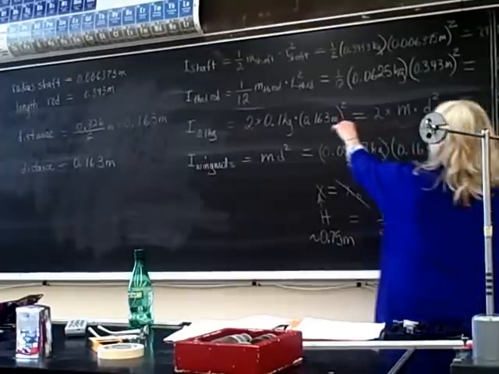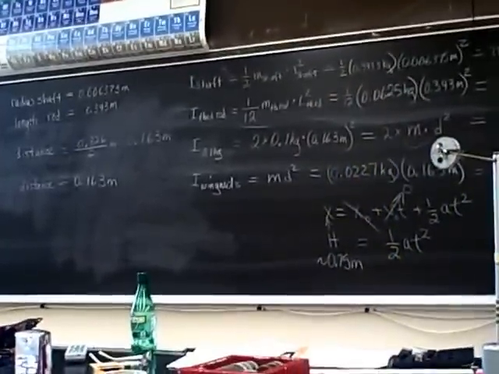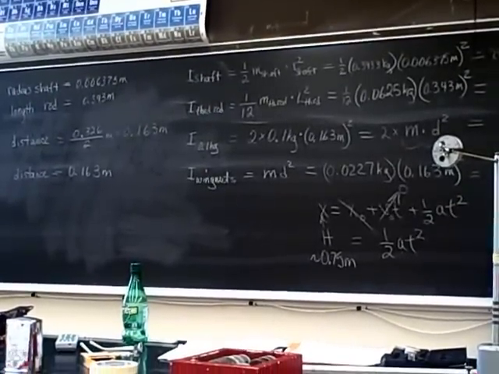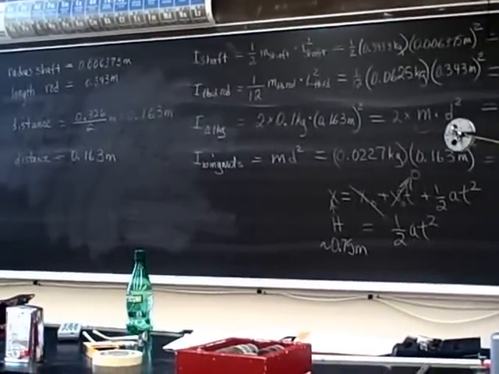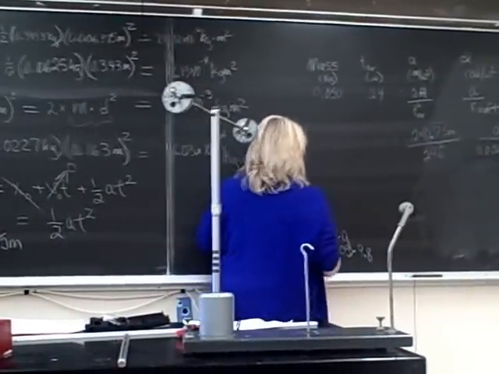So for this first trial, that would be 0.05 times 9.8. That's the gravitational force pulling down. And it'll change with each mass, times 9.8, or 9.81 if you want.